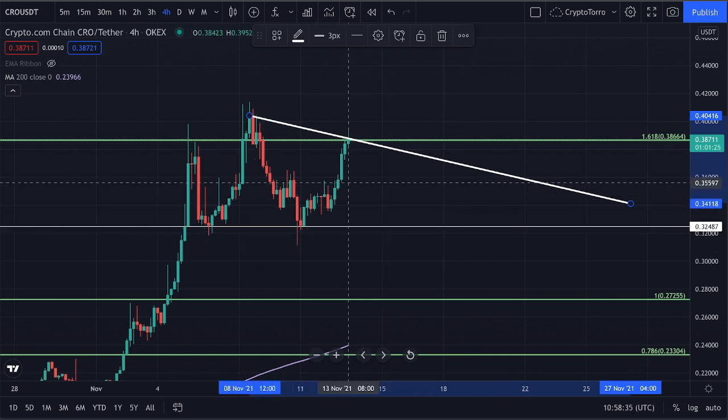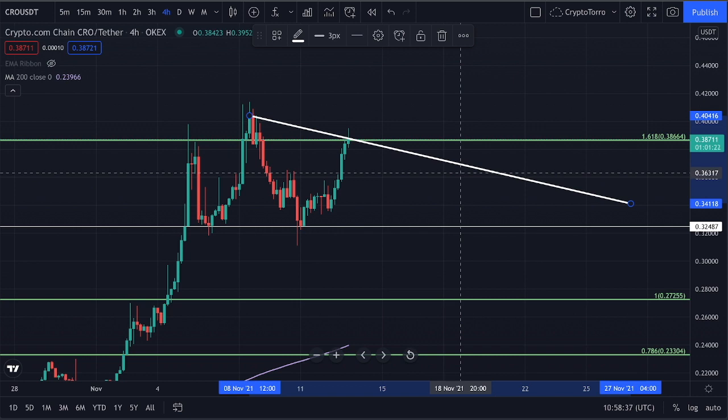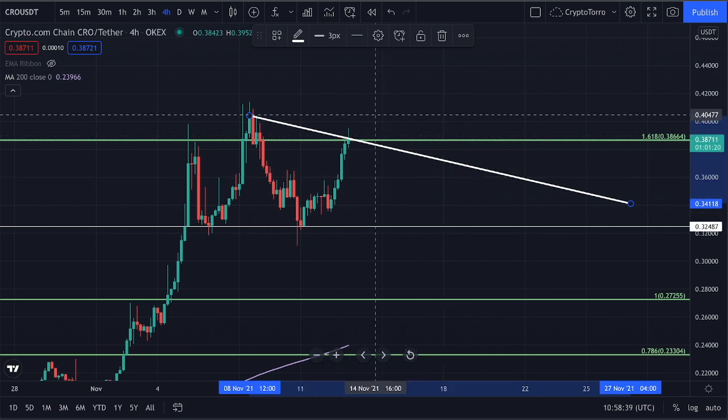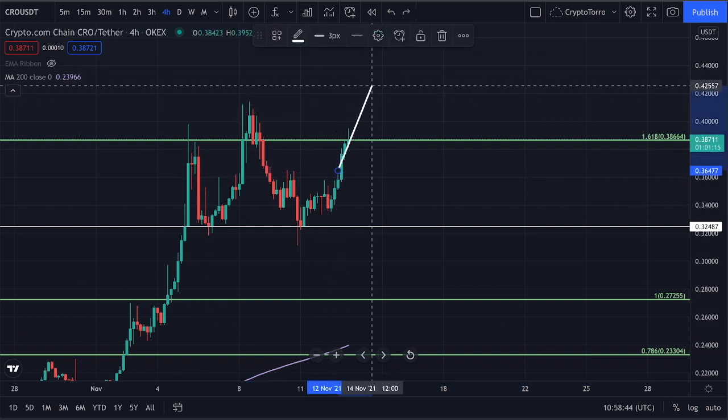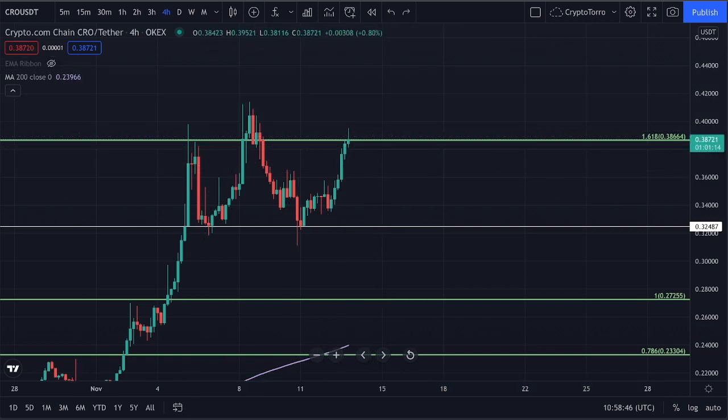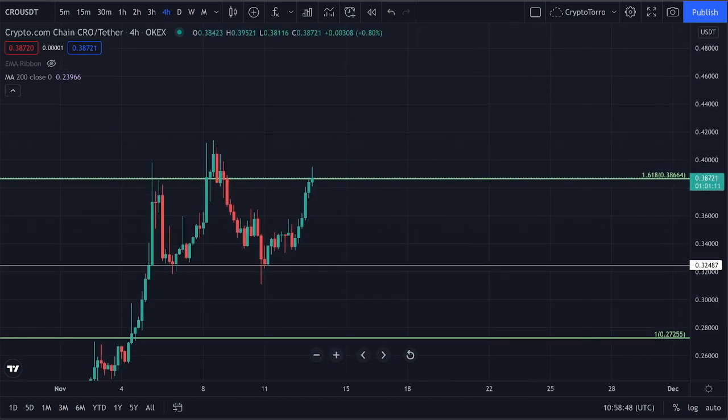Who might know? But I must say, I think a descending triangle is more likely to occur right over here and start creating a pattern instead of seeing a major breakout right now, because I think that won't necessarily be the best case scenario for the overall trend.